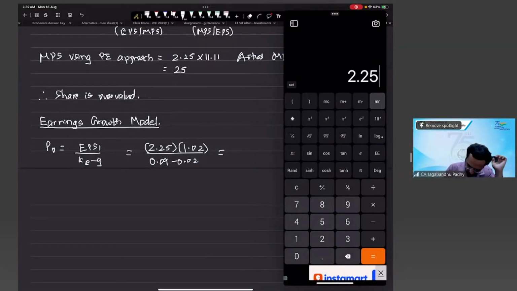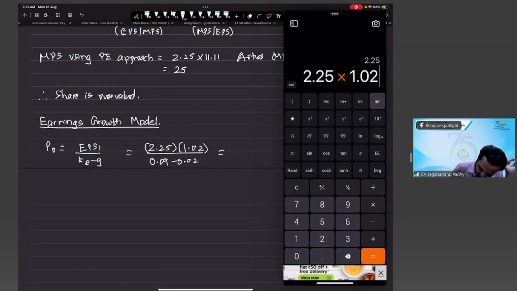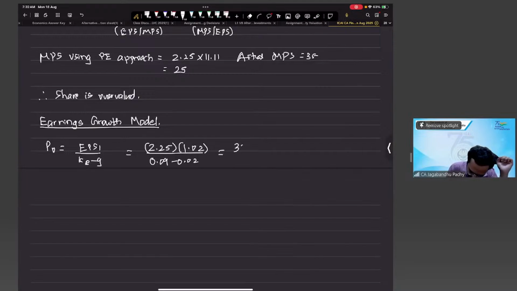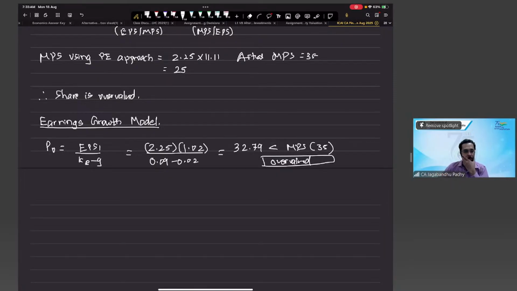So it should be 2.25 into 1.02, and then you divide by 0.07. Yeah, 32.79. So using this approach also, can I say this is less than the market price per share of 35? Of course, here also we can say that under this approach the share is overvalued. Got it, everyone? Yes, sir.